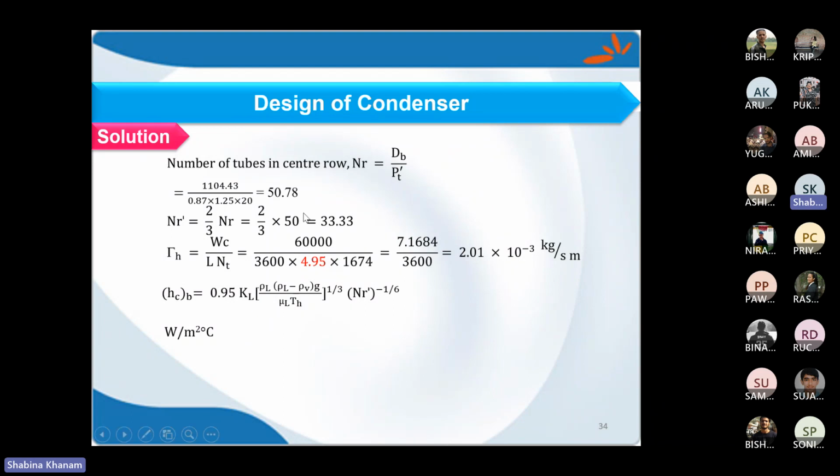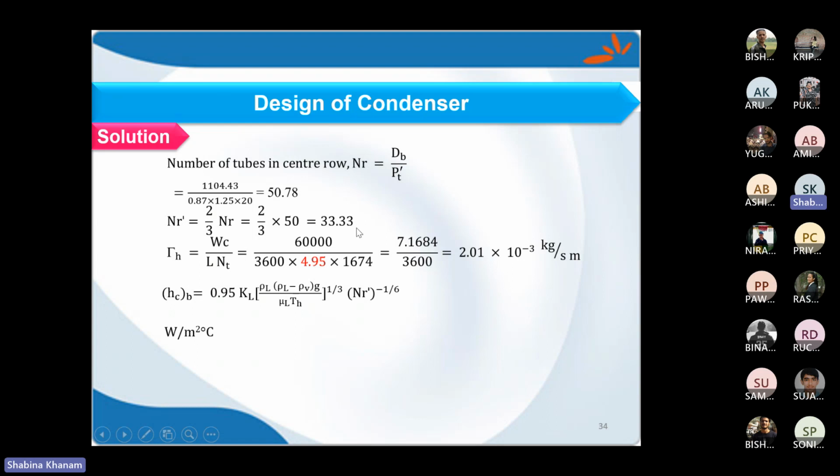So we should consider NR as 50, because we have rounded off, because we have a specific value of bundle diameter. The diameter is fixed, so we consider NR as rounded off. NR prime is 2 by 3 into NR, which is coming as 33.33.